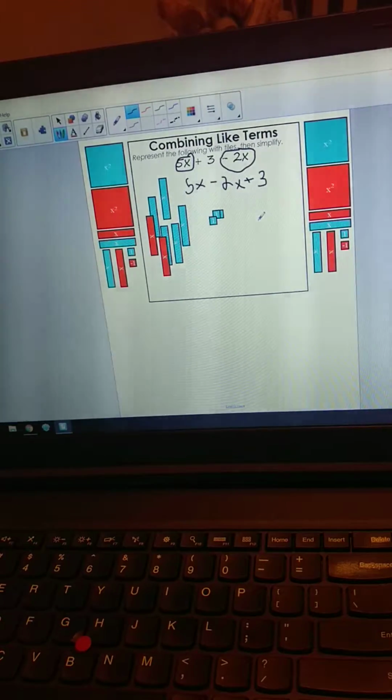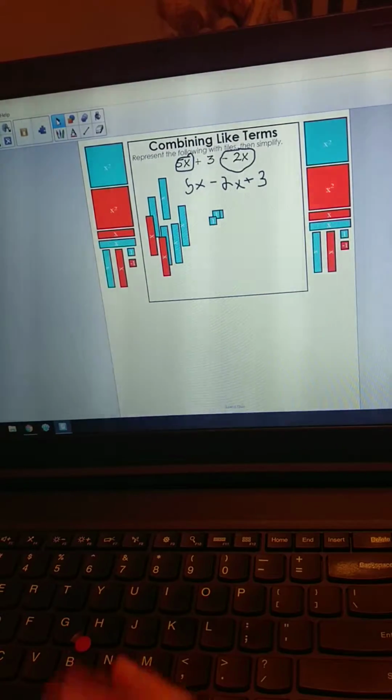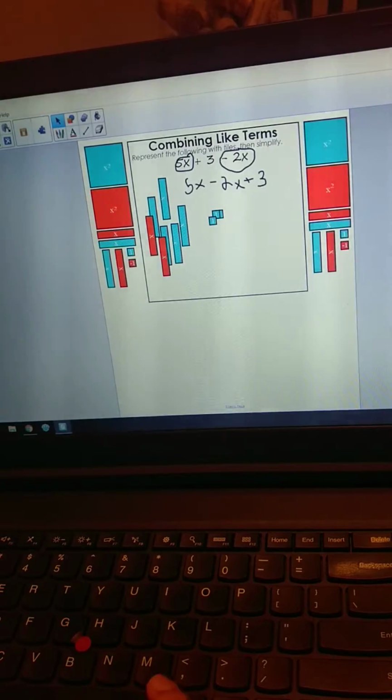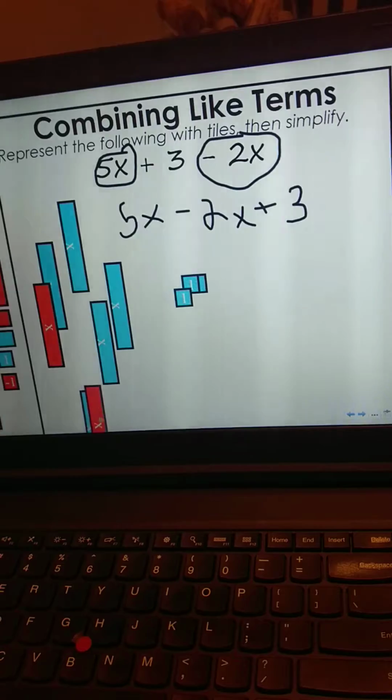So just the different properties that you're using within this, because I think that you guys have been talking about it before. So you can show it not only with the movement of the algebra tiles, but also with the movement of the numbers, and show them how that's related and why you're allowed to move it like that. And then showing them these 0 pairs here.